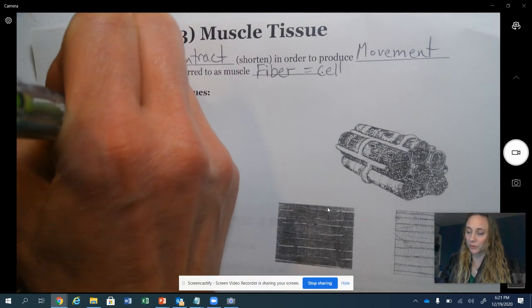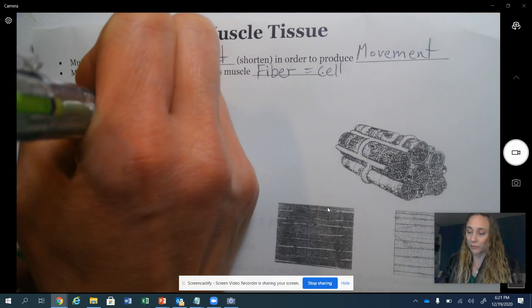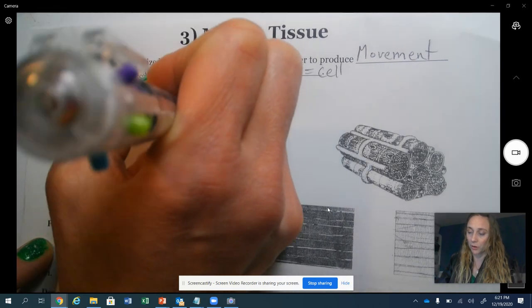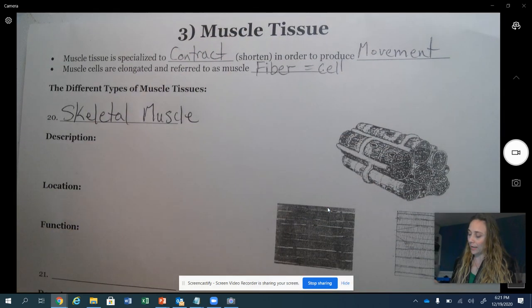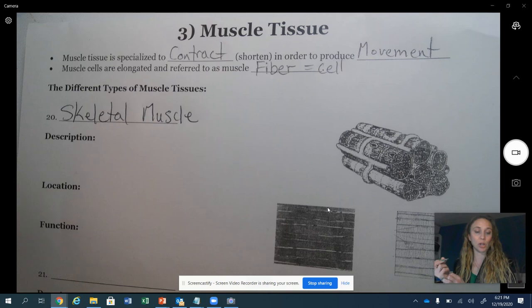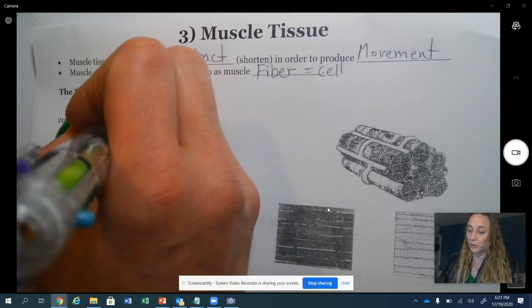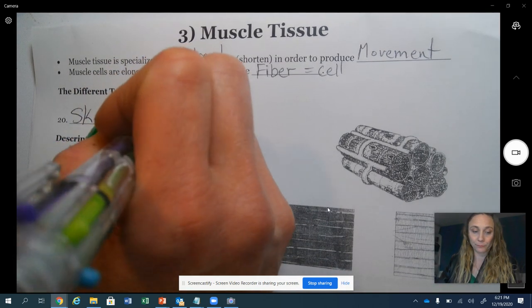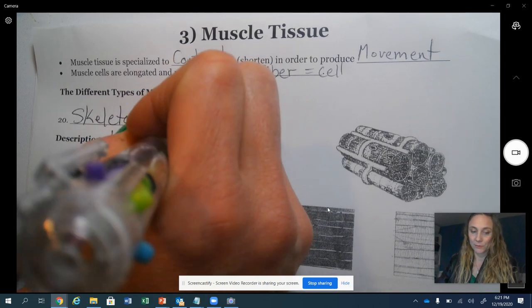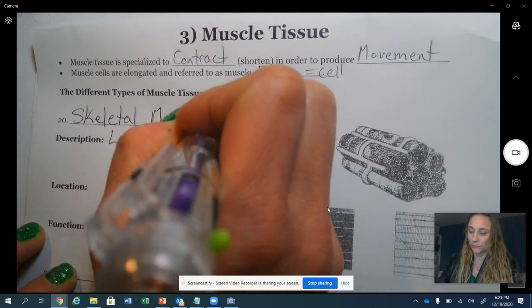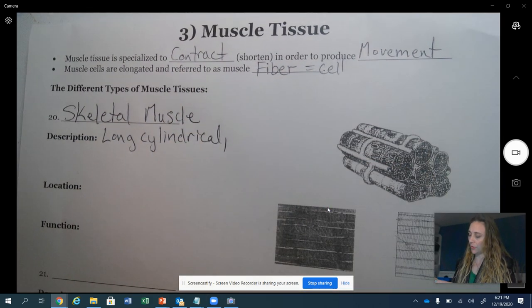So skeletal muscle is the first type of muscle tissue that we're going to talk about. And its description is long, cylindrical, like we talked about, sort of symmetrical. And one weird thing is it's multinucleated.